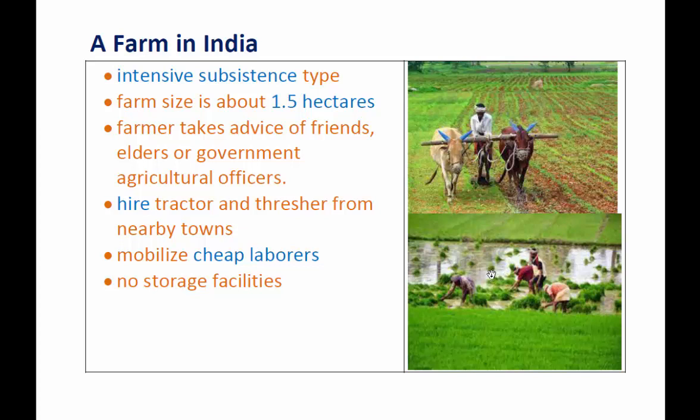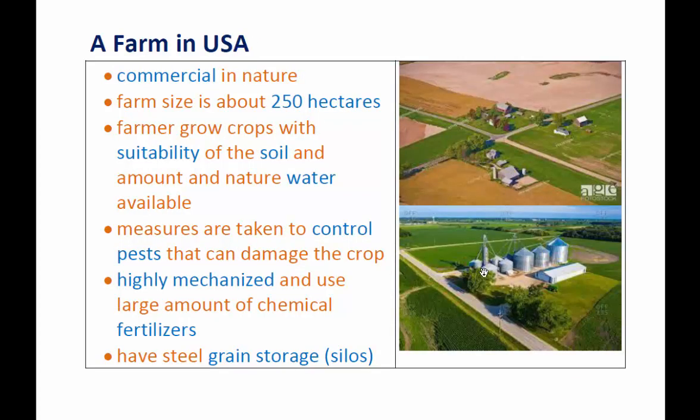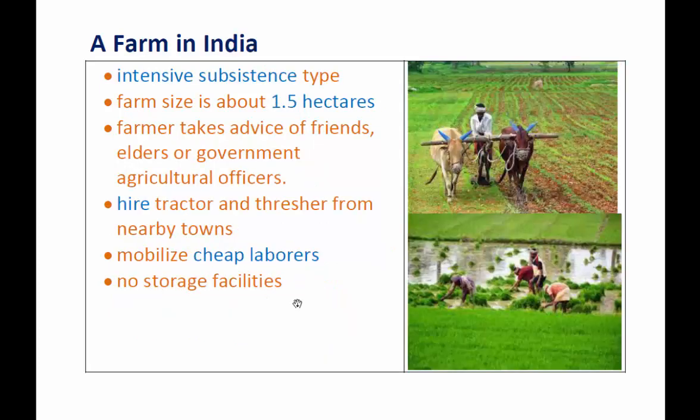And one of the disadvantages: in the United States of America, they have grain storage made of steel, and grain can be kept for a long time. But in India, we don't have storage facilities. They will just keep it in an open space.